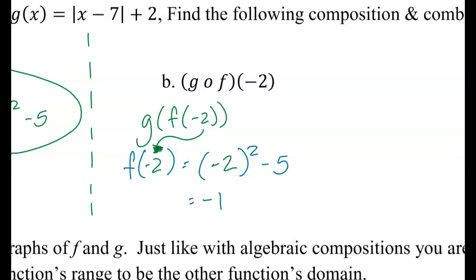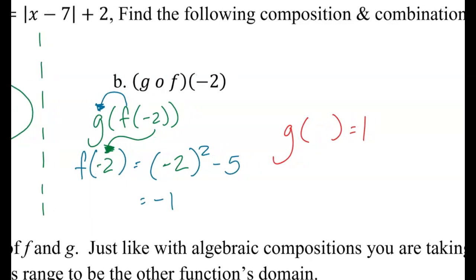And I am inputting that into the next letter, g of x. I'm taking negative 1, and instead of x in g of x, I'm writing negative 1. So now I have negative 1 minus 7 is negative 8.